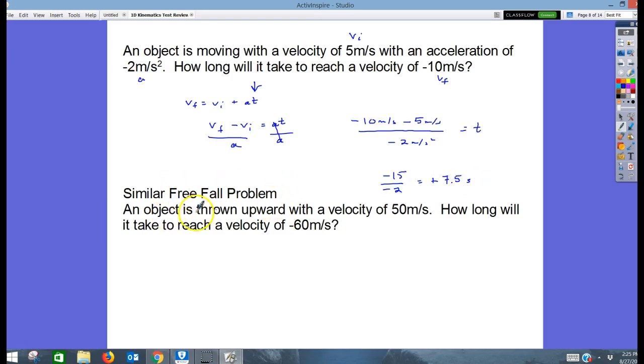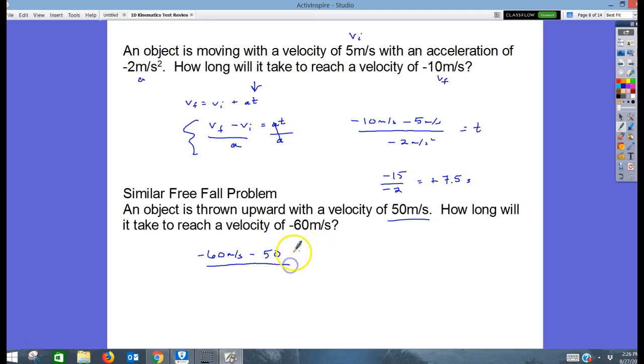seconds. A similar free fall problem, an object is thrown upward with a velocity of 50 meters per second. How long will it take to reach a velocity of -60? Okay, so using this same equation, solving for time. The final velocity is -60 meters per second. The initial velocity is 50.